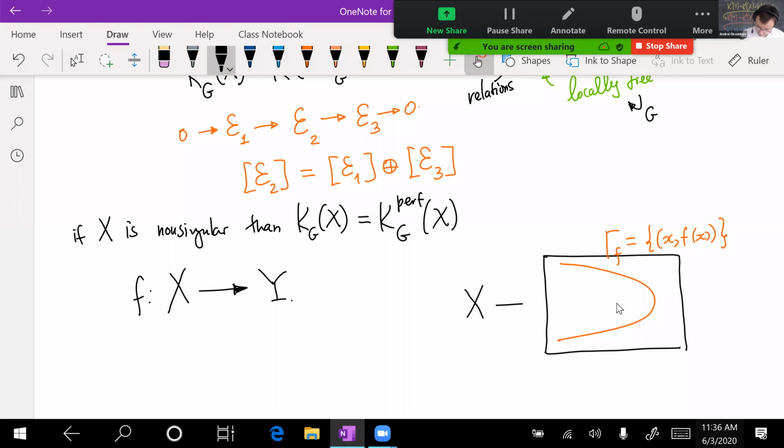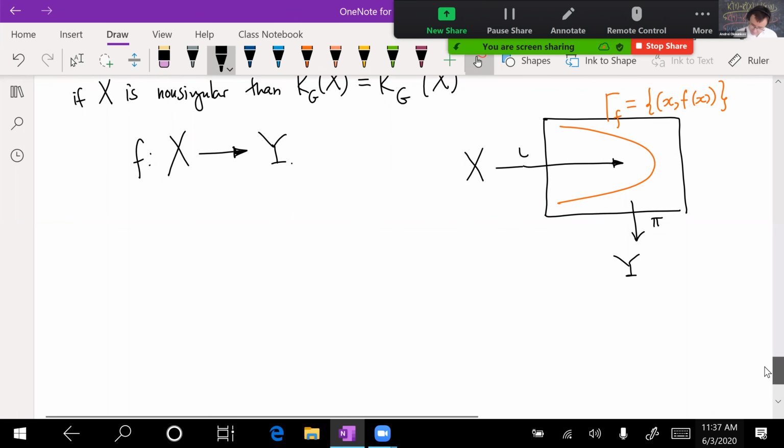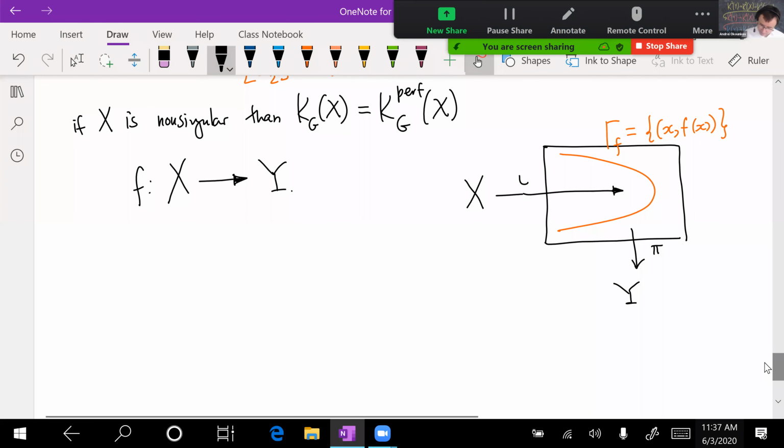There's a map from this which is an embedding, and then the map to Y, which is the projection. Call this iota, and call this pi. Let's start with push forwards. If I have a sheaf on X, the push forward under iota is just extension by 0.